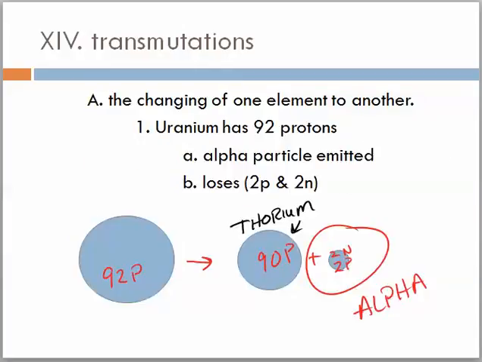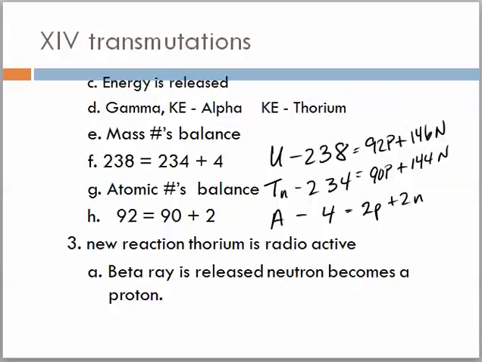When we say decay, we mean it lost an alpha particle. Thorium is still radioactive, which means it's still going to decay. What we find out here is a beta ray is released, and a neutron becomes a proton. We're going to talk more about this beta decay in a short bit.